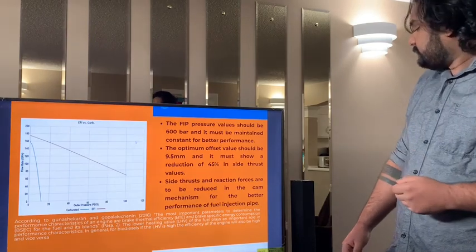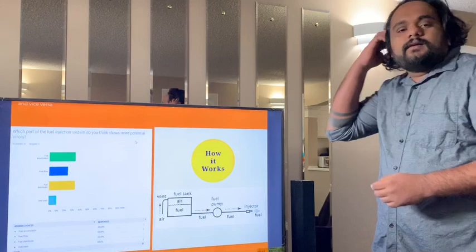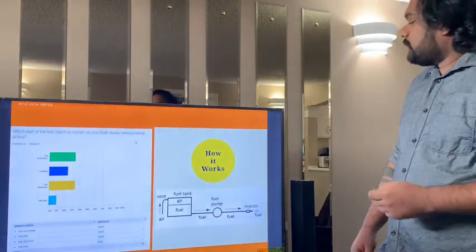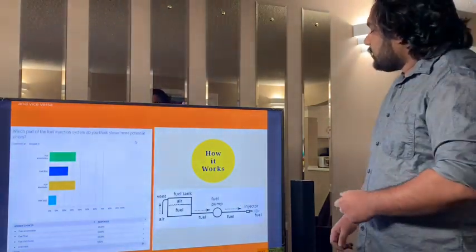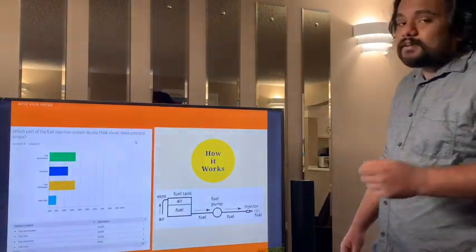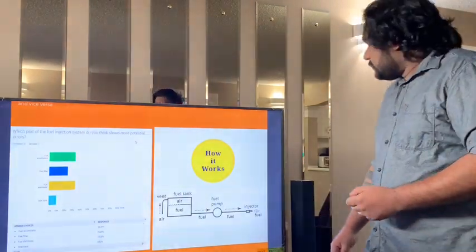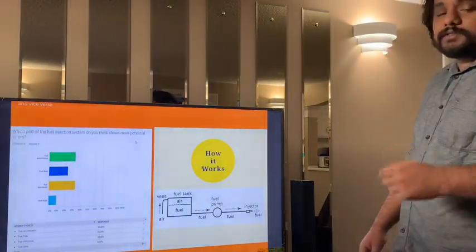Moving on to the next slide. Everybody has a doubt about how it works. At first it requires air, and the air is supplied to the vent and creates pressure in the fuel tank, which results in an airflow to the engine.